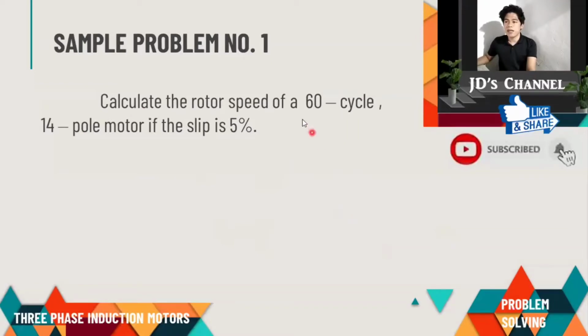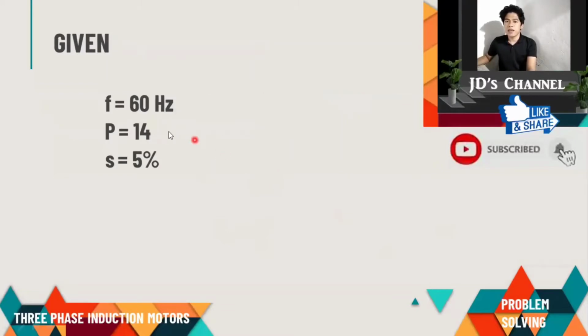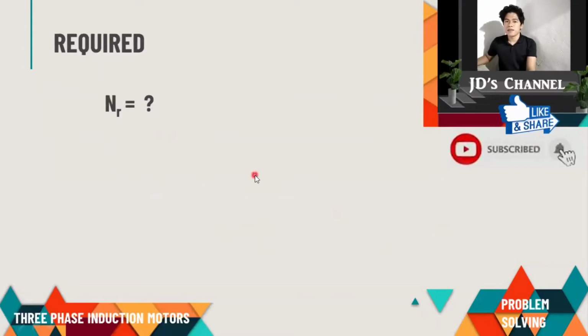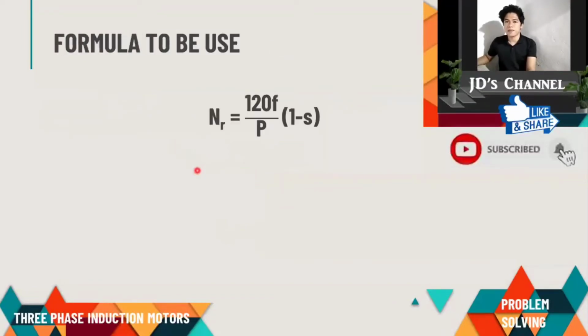What are our givens? We are given the frequency, the pole, and the slip, which is 5%. Required is the rotor speed, N sub R.